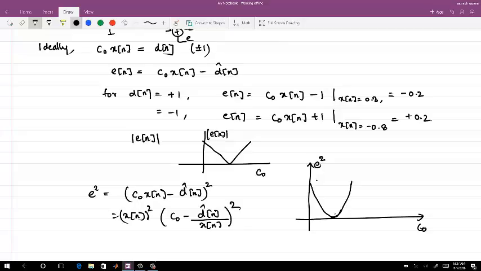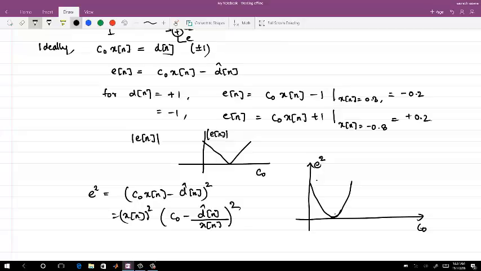So what I'm saying is, if you're only looking at the error, then in order to correct for the error, you have to take the sign of xn into account. Whereas if I am looking at E square, that's not the case. Think about it: when I'm monitoring E square, if xn was positive, d hat of n will also be positive.